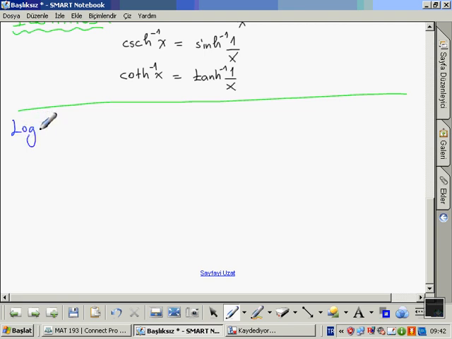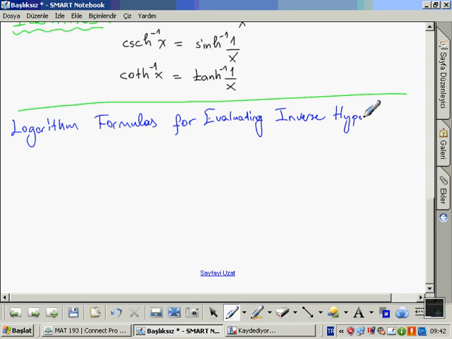And the logarithm formulas for evaluating inverse hyperbolic functions.